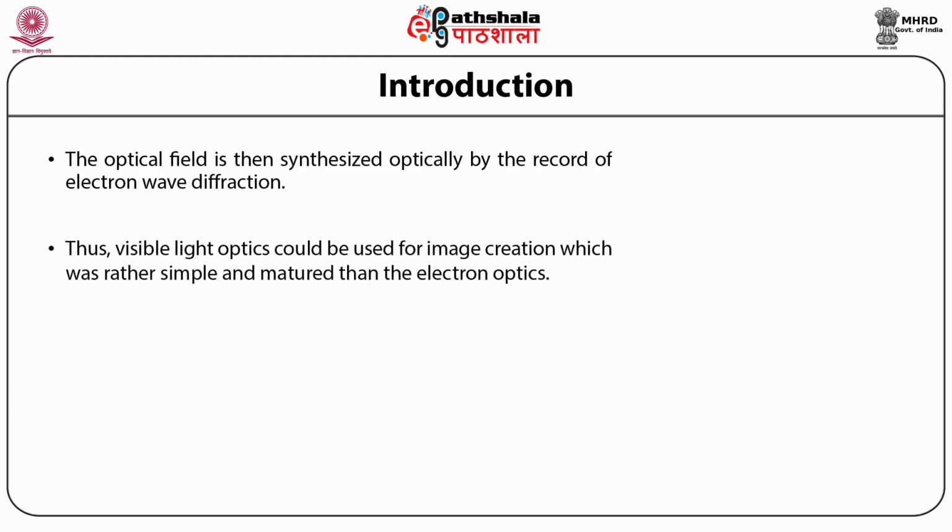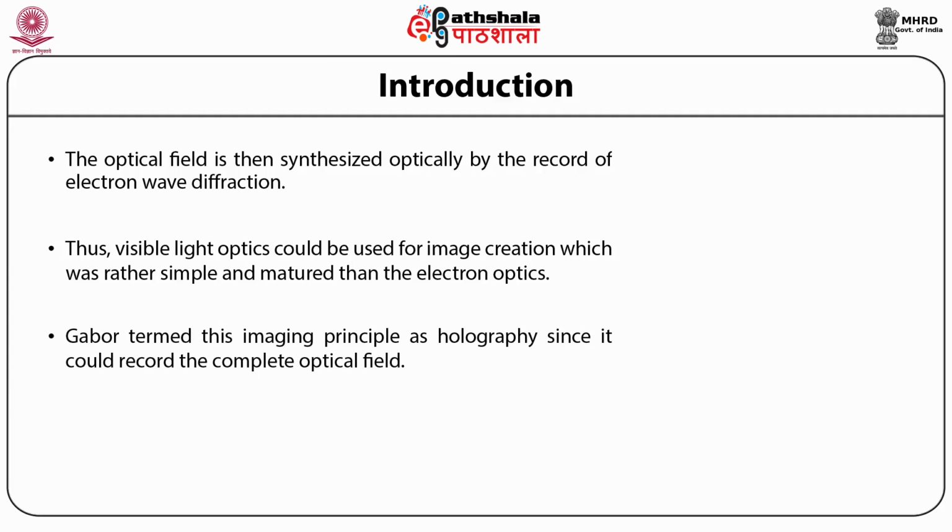Thus, visible light optics could be used for image creation, which was rather simple and more mature than electron optics. Gabor termed this imaging principle holography since it could record the complete optical field.